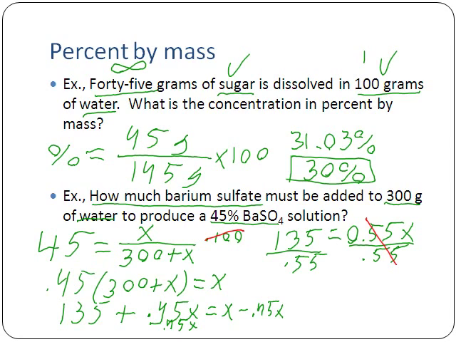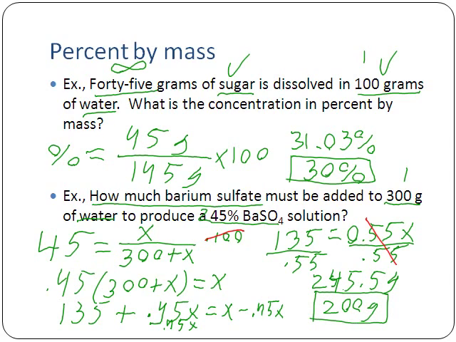And so in this case right here, if we wanted to produce a 45% barium sulfate solution, I would need 245.45 grams. Significant figure-wise, 300 has one significant figure, 45 has two, so my answer should have one significant figure, which rounded is 200 grams of barium sulfate, would be my final answer.